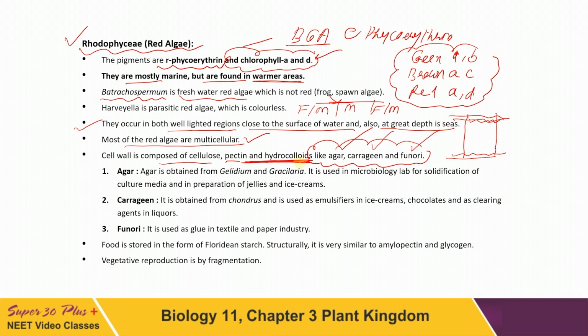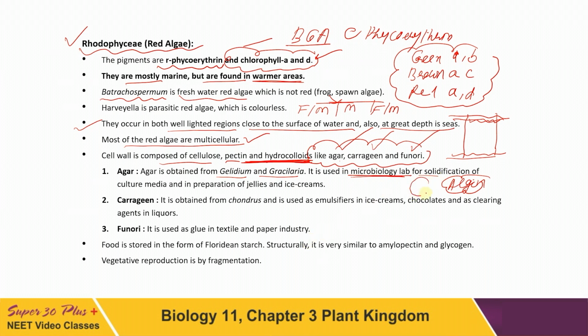Most of the hydrocolloid substances are obtained from rhodophyceae. Do you remember one hydrocolloid from brown algae? That is algin. Anyway, agar is obtained from Gelidium and Gracilaria. It is frequently used in the microbiology lab for solidification.